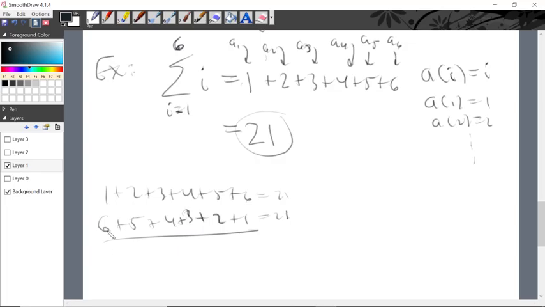Well, if we add all these up, 1 plus 6 is 7, 2 plus 5 is 7, 3 plus 4 is 7, 4 plus 3 is 7, 5 plus 2 is 7, 6 plus 1 is 7, right? 7, 7, 7, 7, 7, 7. We end up with 7 times 6, in other words, 42. So we get 42 here. Well, then the original sequence is 42 divided by 2.